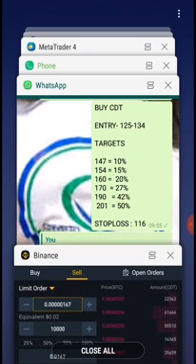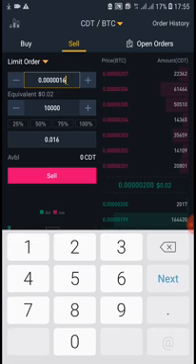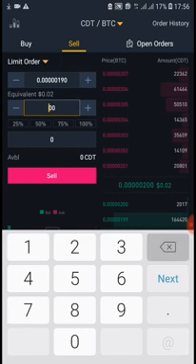You can split those: 160, 170, 190. This 170 can be 5,000 coins, and 190 can be 5,000 coins, and so on and so forth until you exhaust the number of coins you're holding.